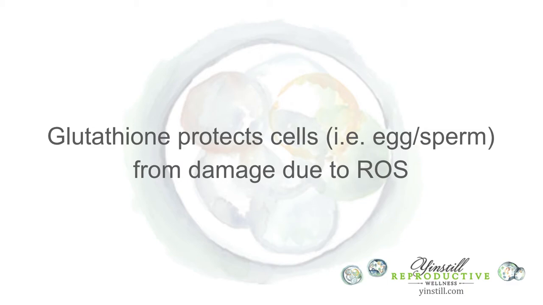Glutathione has many important functions in our body, but most importantly, it's the king or queen of antioxidants, which essentially means that it protects cells, egg, and sperm from damage due to ROS, such as lipid hydroperoxides, free radicals, turning them into alcohols, and hydrogen peroxide, turning it into water. Glutathione also plays a vital role in recycling other important antioxidants such as vitamin C and E, so their net protective effects are increased.